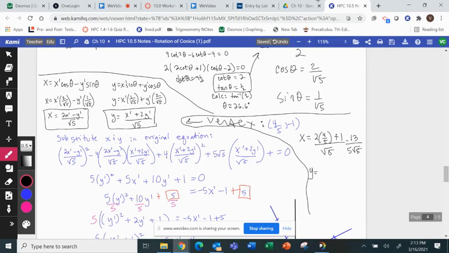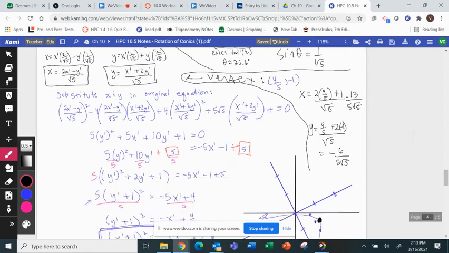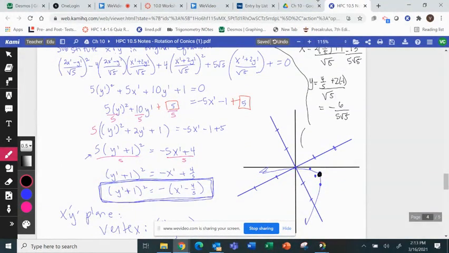The y value is going to be 4/5 plus 2 times negative 1 over square root 5, which ends up being negative 6 over 5 square root 5. Terrible looking numbers. So the vertex would be at 13 over 5 square root 5, comma, negative 6 over 5 square root 5.